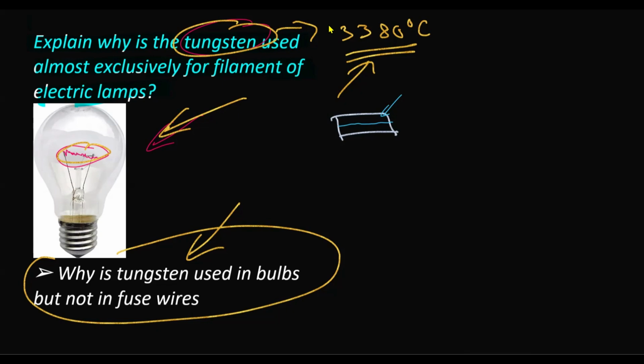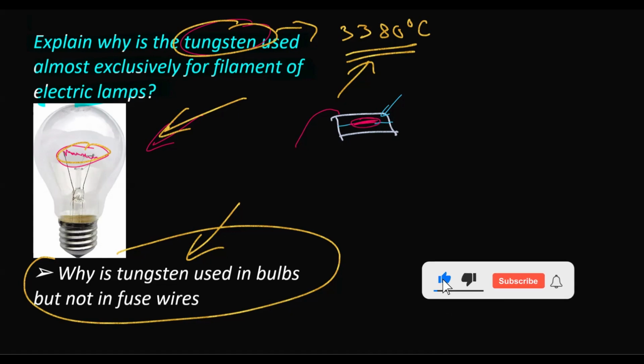The purpose is that this wire breaks and stops the supply of current, preventing the appliances from getting damaged if excessive current flows through it. If it is made up of tungsten, it will never melt, and therefore it will not serve the purpose of acting as a safety device. That should be the answer in this case.